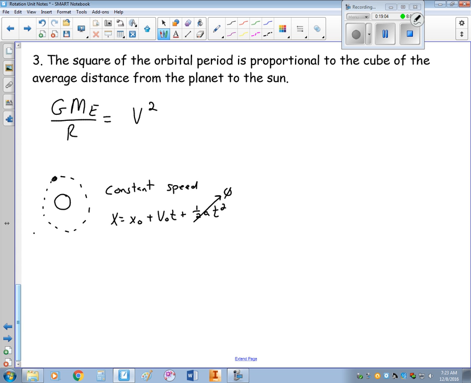So in other words, the velocity would be displacement over time. Well, if we think about something going in a circle, its displacement is circumference, and the time it takes is the orbital period. So the velocity, if we think about that, circumference is 2 pi times the orbital radius, all divided by the period. So we can plug that into our equation up here.